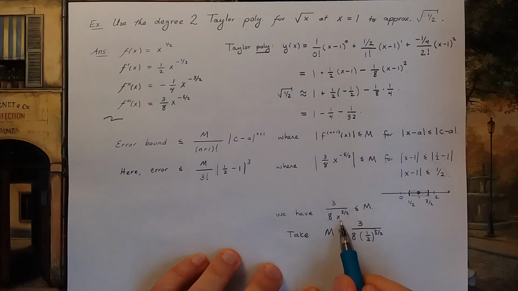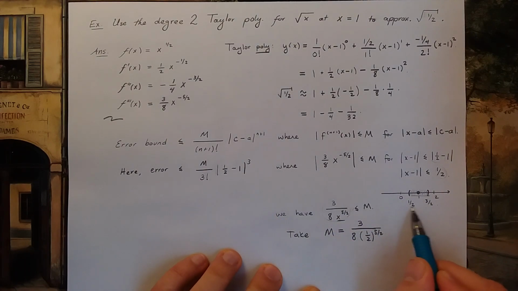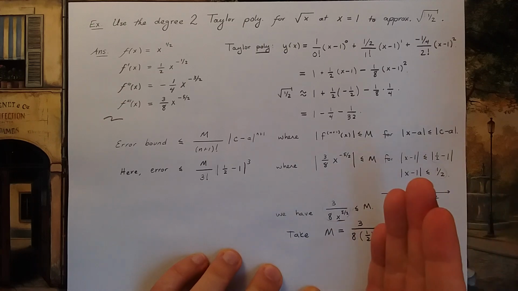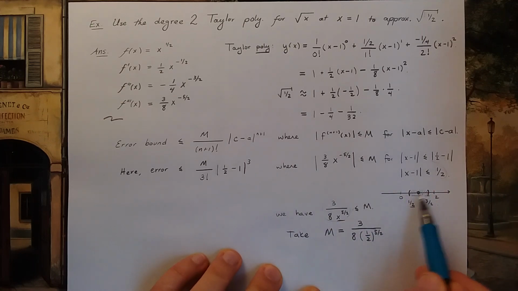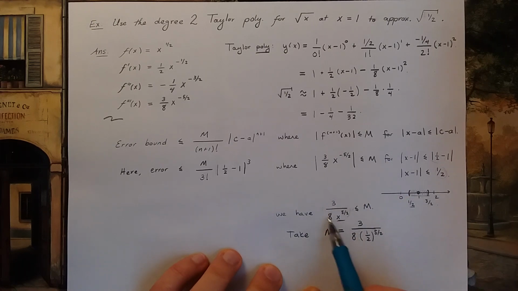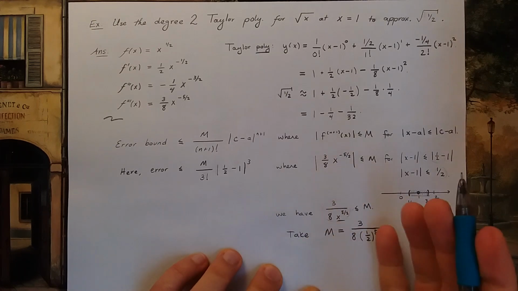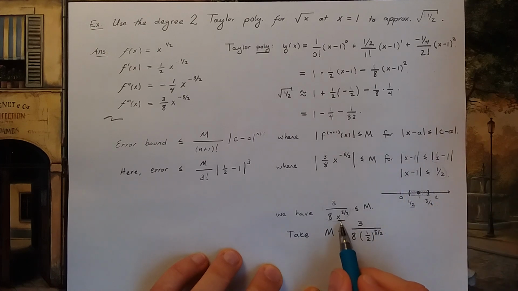What I just did there was I took x to be 1/2. That's the smallest number in my range. And the reason I picked the smallest possible number is because I'm dividing, and I want this whole quantity to be the biggest I could possibly make it. So I'm going to divide by the smallest possible number. So that's my M I'm going to take.